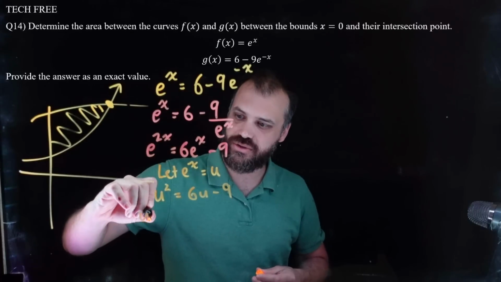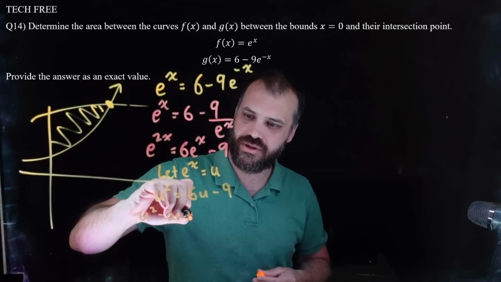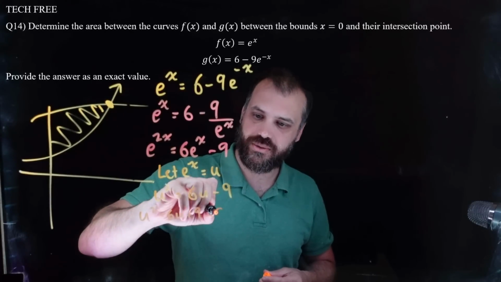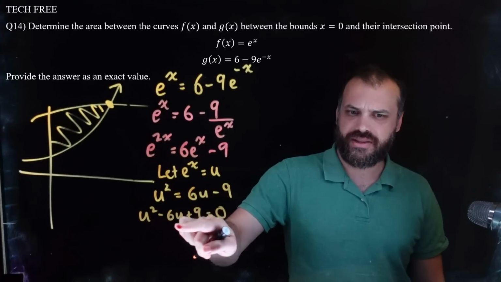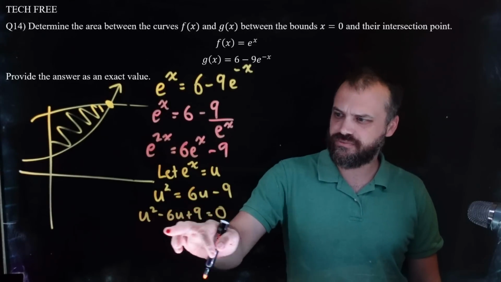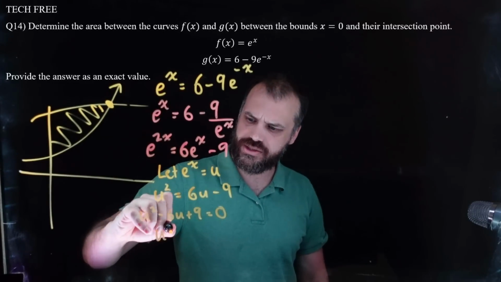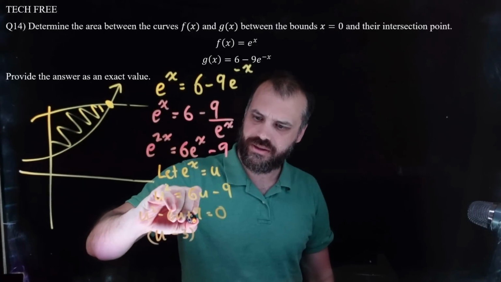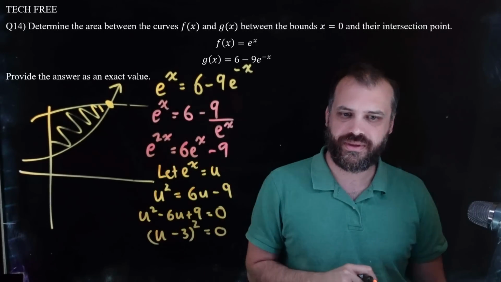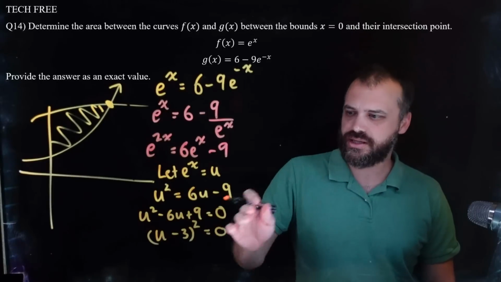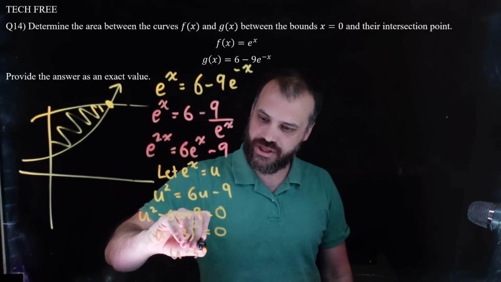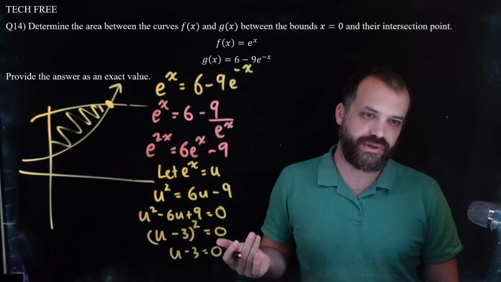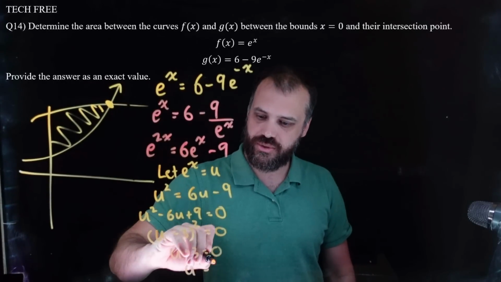So we can say that u squared minus 6u plus 9 equals 0. Okay, that rings a bell, right? I think I can factorize that as u minus 3 squared. All right, so that means that u minus 3 squared equals 0, which means that u minus 3 equals 0, if I just square root both sides.